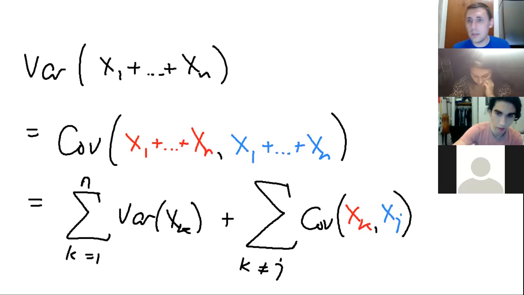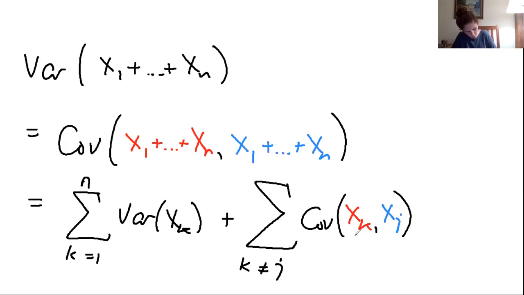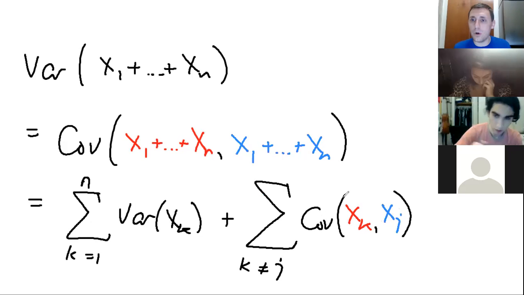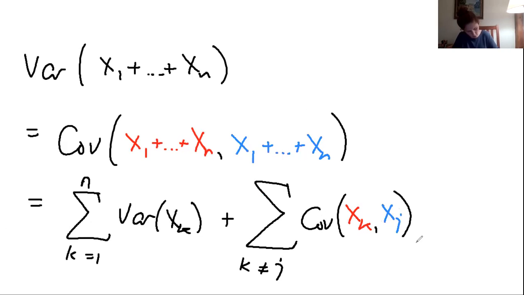You are with me? So I broke it up into two types of encounters: encounters of like against like, and encounters that are heterogeneous.